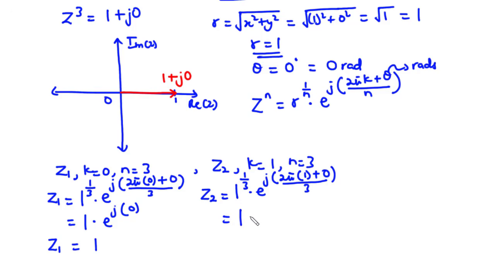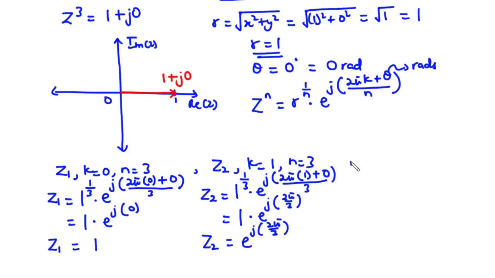So this still remains as 1 times e exponent j into bracket 2 pi times 1 is 2 pi plus 0 is still 2 pi divided by 3, so that is 2 pi over 3. So we have z2 to be equal to e exponent j into bracket 2 pi over 3.